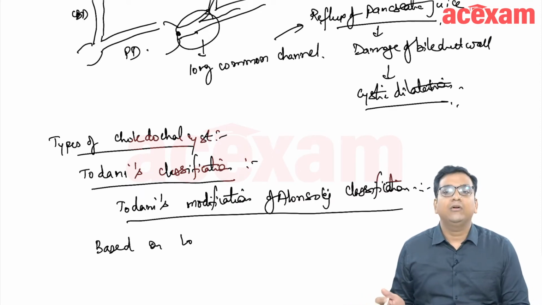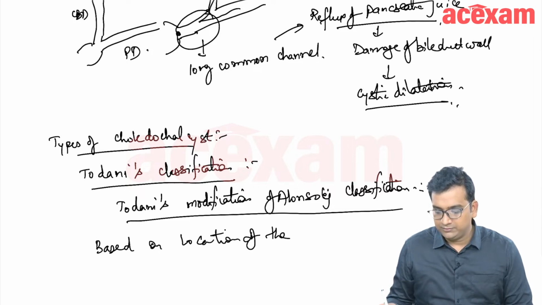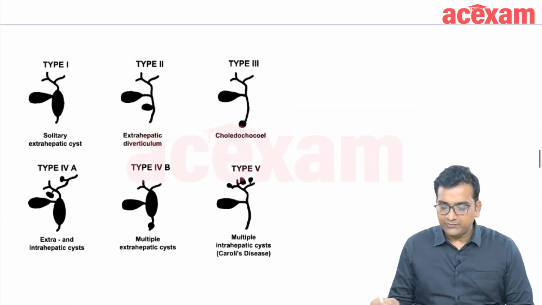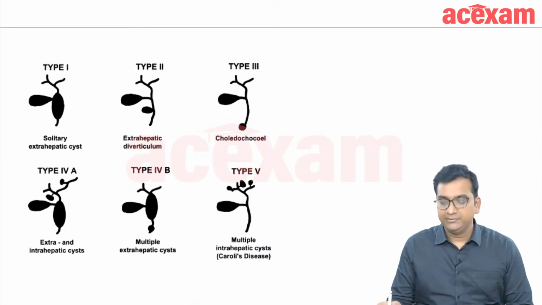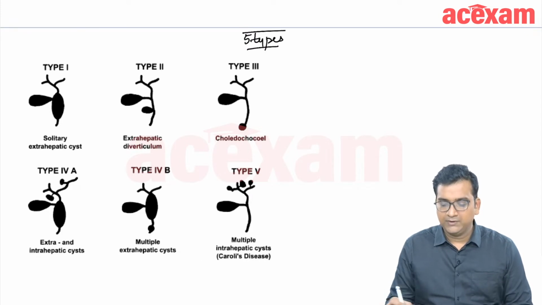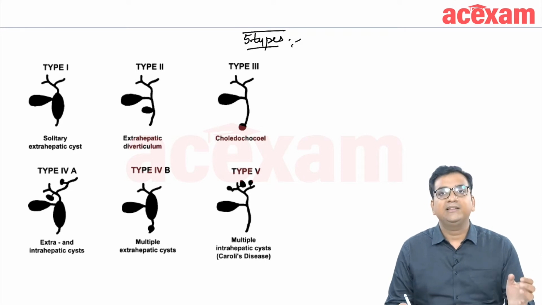It is based on location of the cyst. So it is mainly of 5 types. Type 1 is solitary extrahepatic cyst.